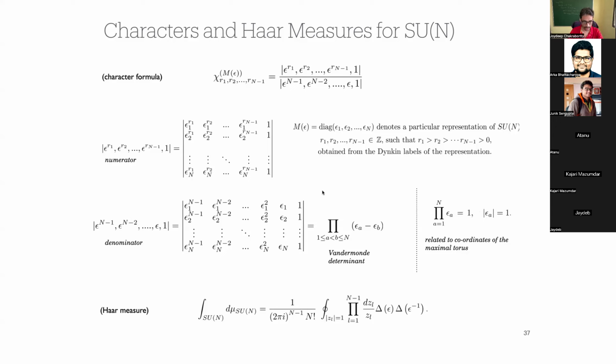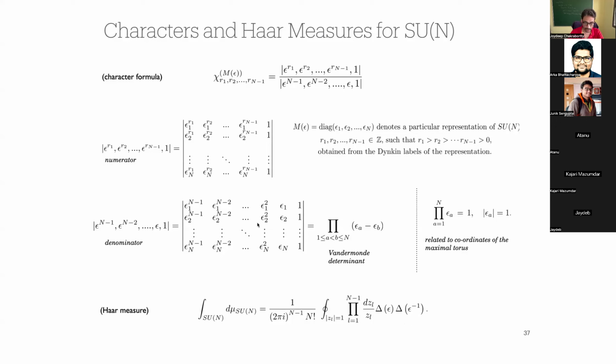So now what I was saying is that the denominator is not only appearing in this character function, but also when we calculate the group space measure, which is called the Haar measure. When you define it in this way, this denominator is playing another role here. This delta epsilon is nothing but this denominator function. The Haar measure is the group space invariant, so it should be independent of the representations.